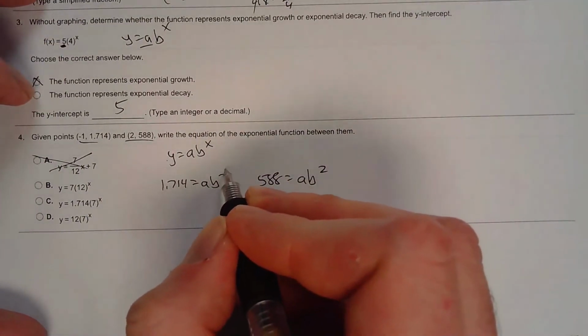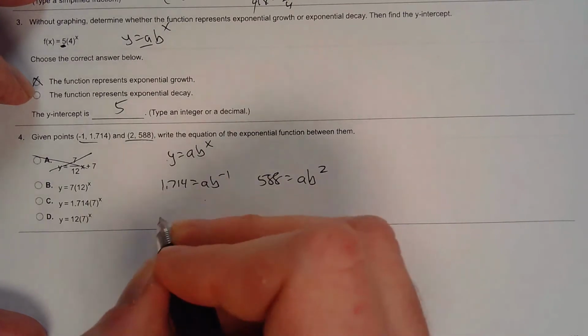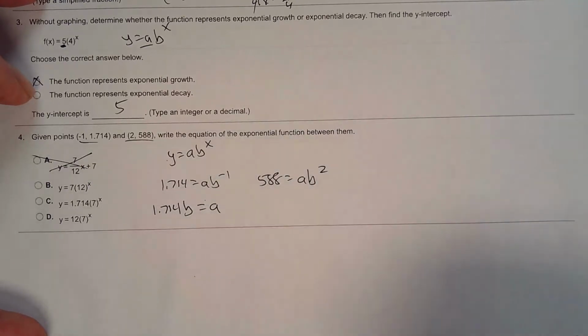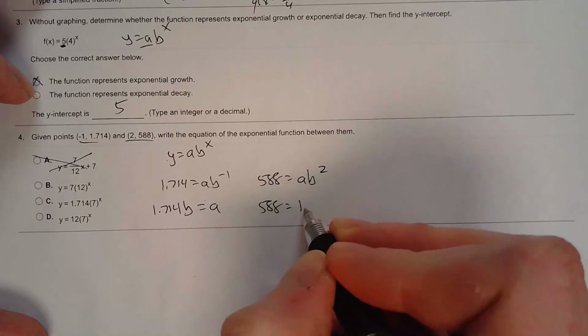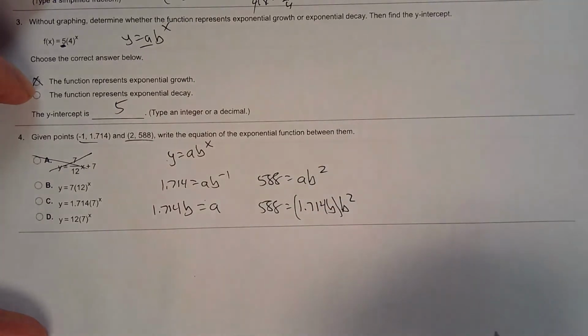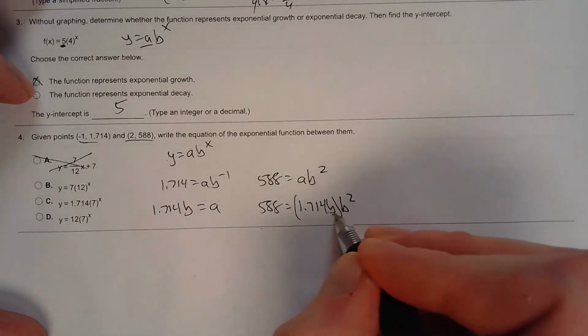If you remember, when you have b to the negative 1, that's the same thing as 1 over b, which means you'd multiply it over. So 1.714b equals a. Plug that in over here. So 588 equals 1.714b times b squared, which is b cubed.